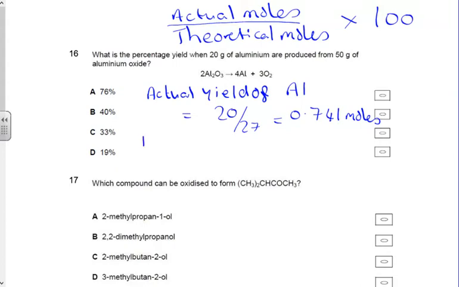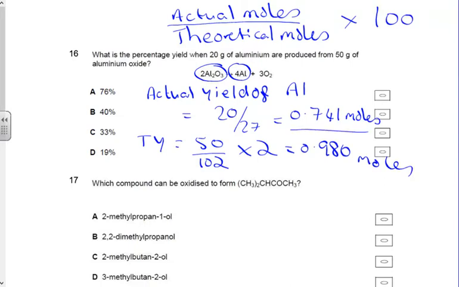The theoretical yield, we need to use the aluminium oxide to work out the theoretical yield, is 50 divided by 102, which is the formula mass of aluminium oxide. We're going to multiply that by 2 because the mole ratio is 2 to 4, which gives me a theoretical yield of 0.98 moles.